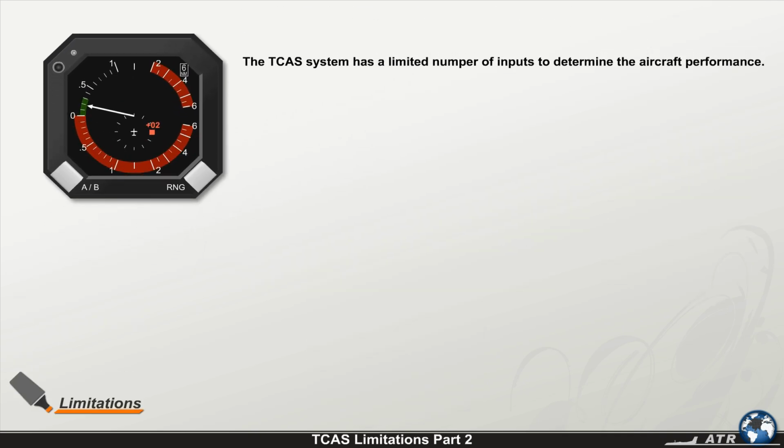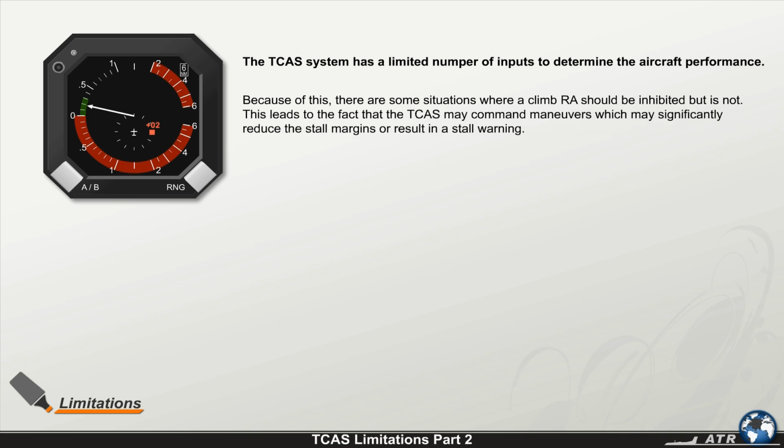In case a climb or increased climb resolution advisory occurs in landing configuration or during the go-around phase, a normal go-around procedure should be performed, including the appropriate power increase and configuration changes.